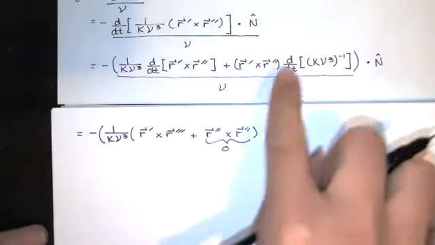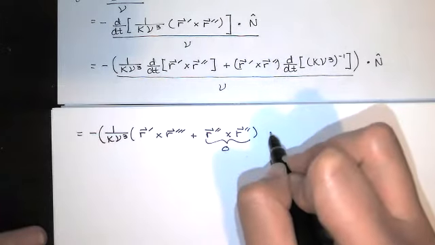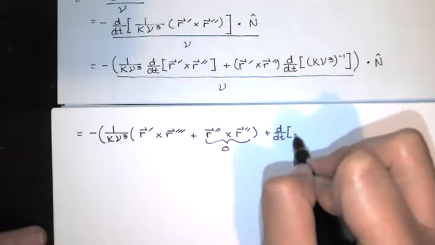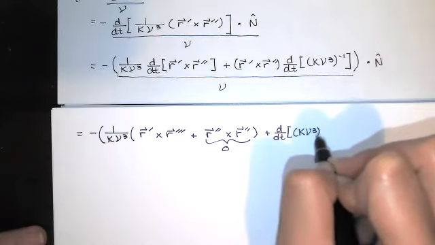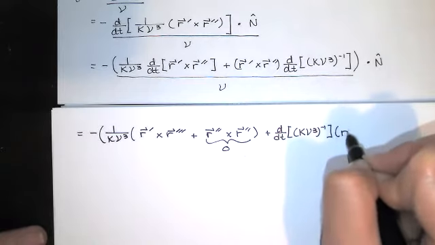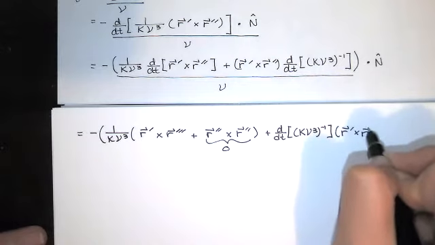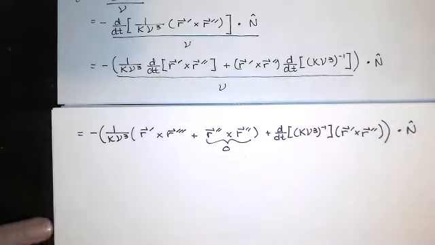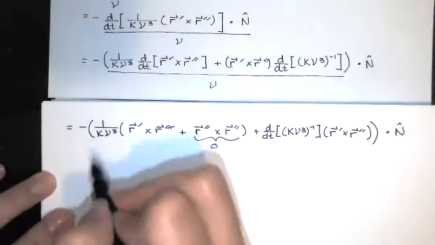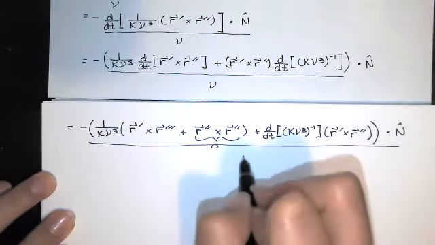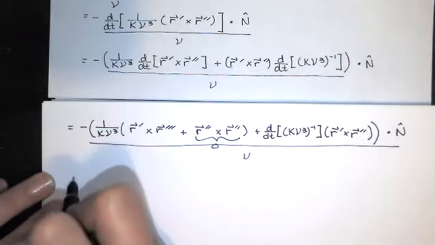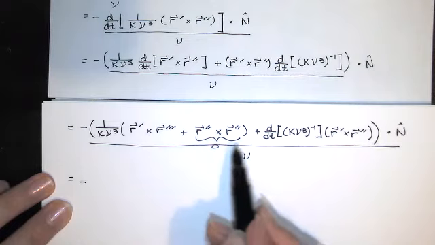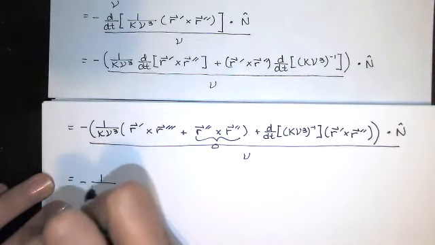That's this piece, and then we're doing this over here. I think I'm just going to leave that piece alone. It's just the derivative of this scalar function times this. And all of this is dotted with n hat. And then we take the result and we divide everything by nu. So I guess if we wanted to, we could take this and multiply by 1 over nu.